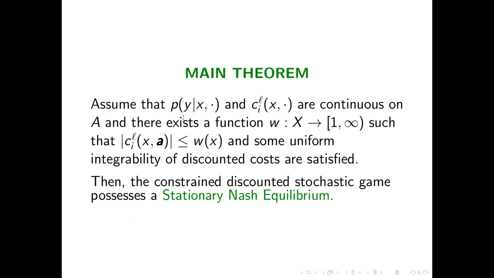since we deal with compact action sets, again we need some continuity assumption. So P is transition probability, and the constraint and objective functions are continuous on the action set, and there exists a function W such that each function c_i^l is bounded in absolute value by the function W. This assumption is needed because we want to take into account unbounded cost functions.